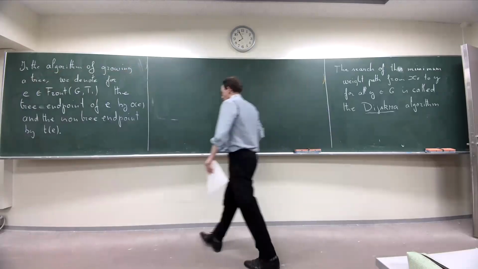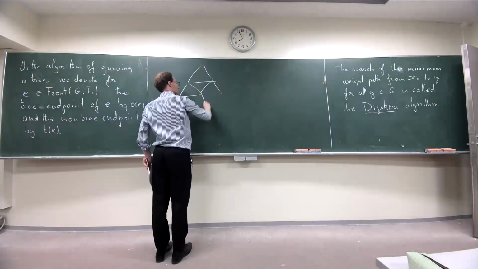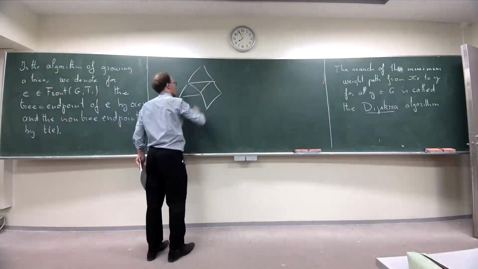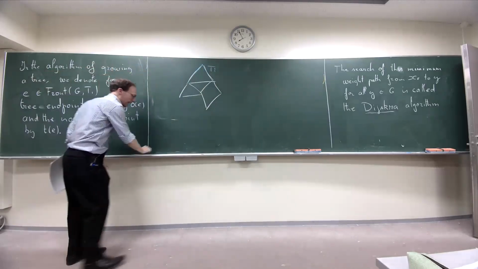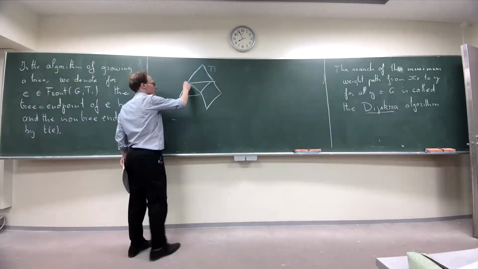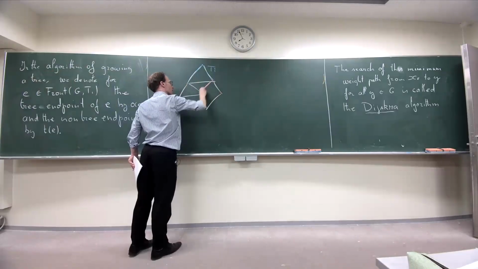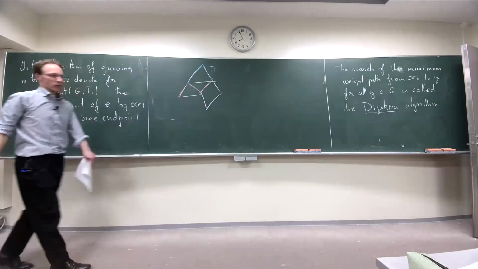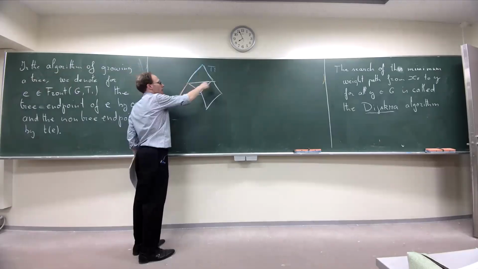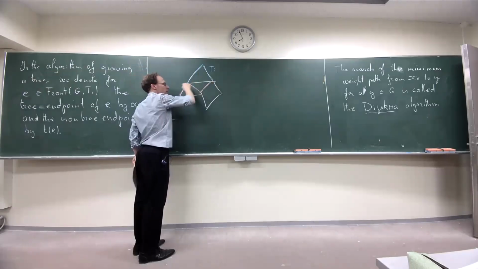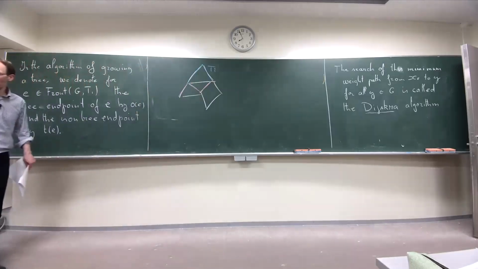Remember, whenever we have a graph and a tree inside, let's say Ti, I look at edges in the frontier. So we have this one, this one, this one, and this one. These four edges are in the frontier. All of them have one tree endpoint and one non-tree endpoint. This is the definition of being in the frontier.